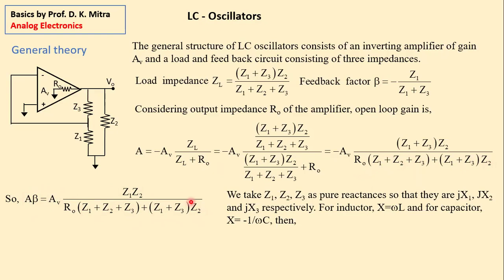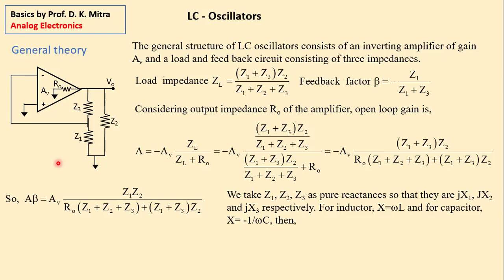Now we come to the design consideration. This Z1, Z2, Z3, which we have shown here just as resistances, are actually pure reactances. Of course, theoretically; practically you don't get a pure reactance. Pure reactances mean that they are either inductors or capacitors.